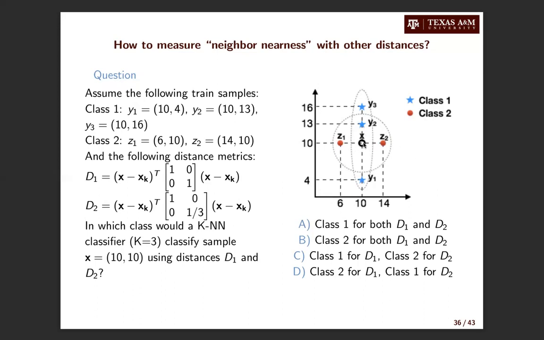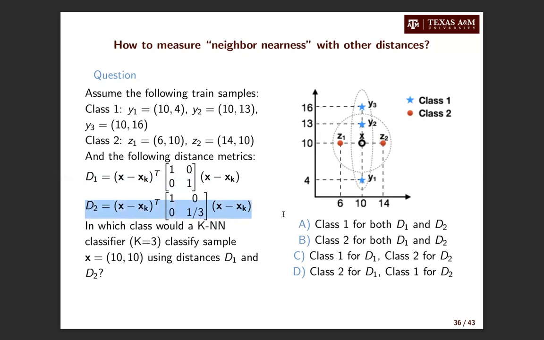So we have our test sample X, which is pretty much in the middle of all this, and we would like to conduct a 3 nearest neighbor decision and classify X based on 3NN using 2 different distance metrics. The first distance metric is this distance metric D1, and the second distance metric is this distance metric D2.